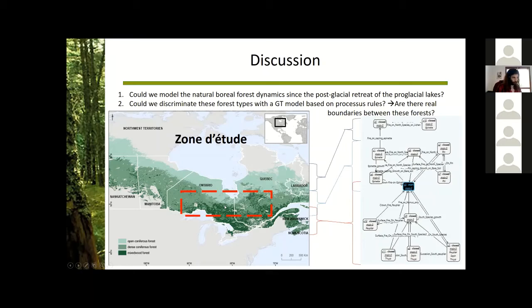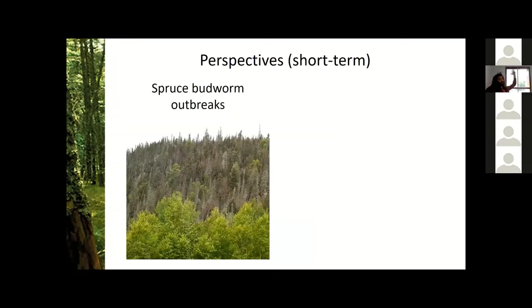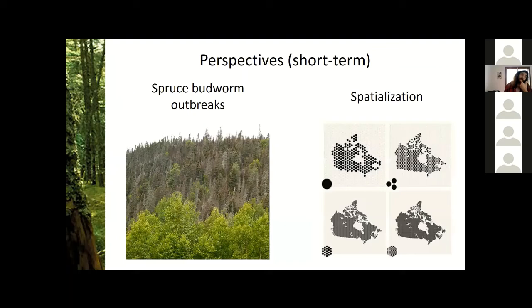What I want to do in the short term is add the spruce budworm outbreaks to my model and do some spatialization, and just keep the model with natural disturbance and natural dynamics.